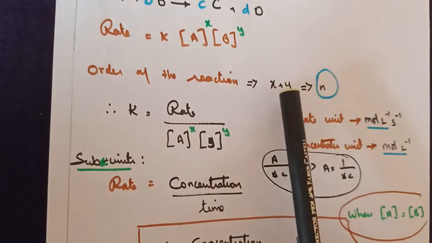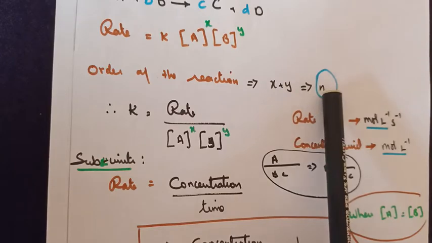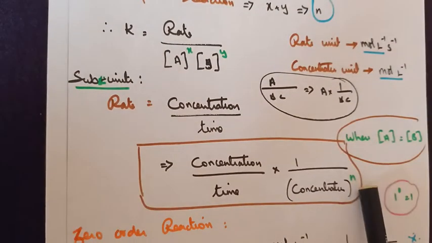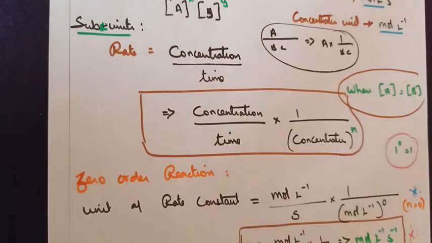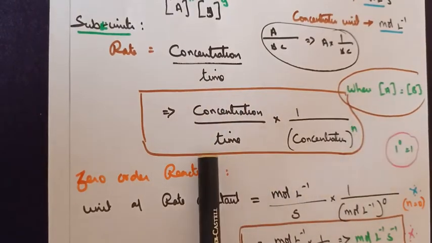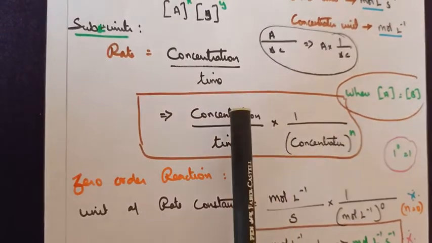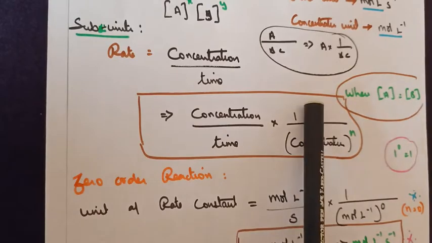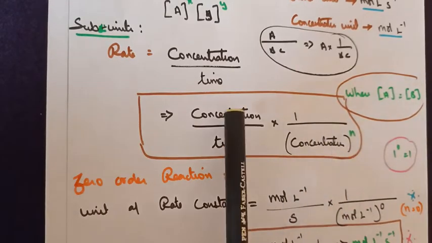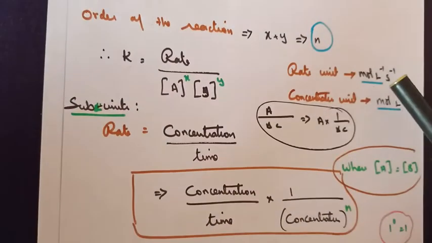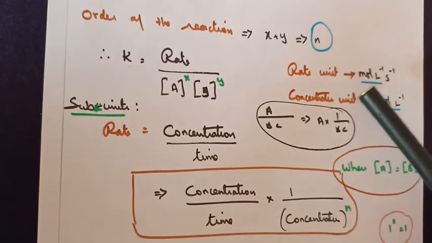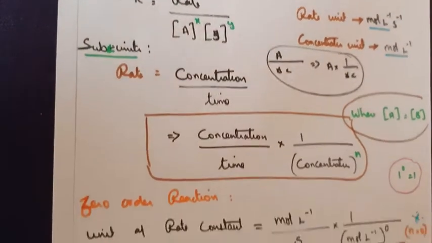If we add the powers x plus y, we get one particular value. That value I'm writing as n here. So this is a general expression. You understand how we get it? Concentration by time into 1 by concentration to the power n. For the similar term, instead of writing mole liter inverse, I wrote it in terms of concentration.